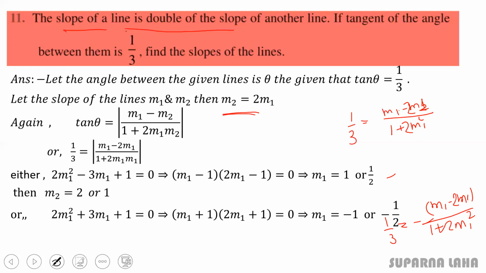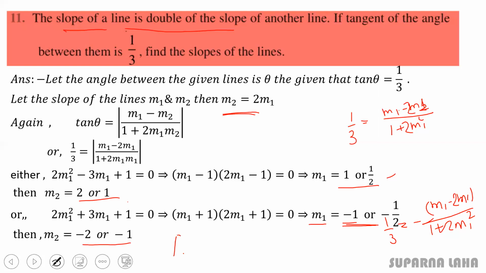Now simplify it, and you will find m1 is -1 or minus half. So m2 is -2 or -1. So these two sets of slopes are possible. If m1 is 1 or half, m2 is 2 or 1. If m1 is -1 or minus half, m2 is -2 or -1.